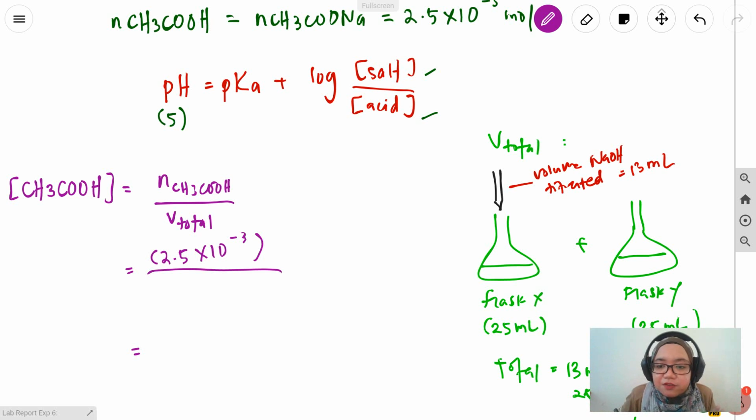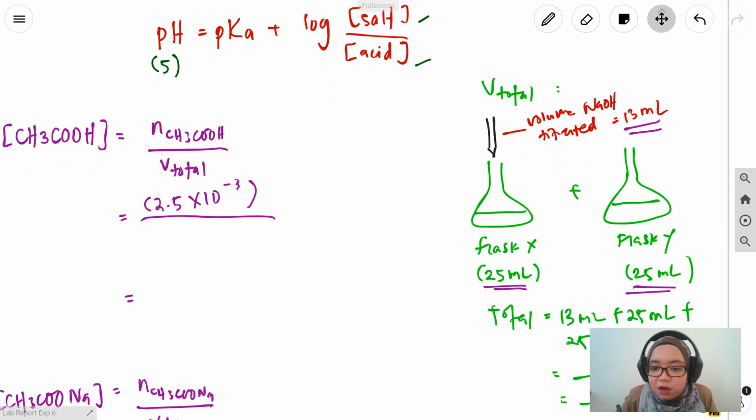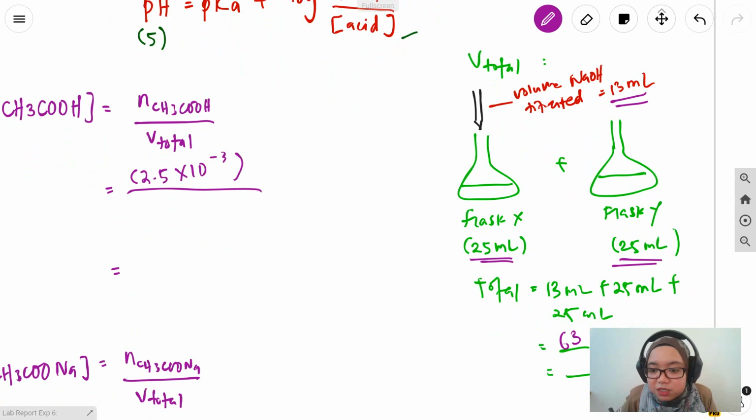So you know that flask X containing the acetic acid is titrated with sodium hydroxide, which is 13 ml. This is 25 ml. So you titrate this one to get the salt. And then you add another 25 ml of acetic acid from flask Y into flask X. So now you got 13 ml plus 25 ml plus 25 ml, you will get 63 ml total, which is 0.063 liter.